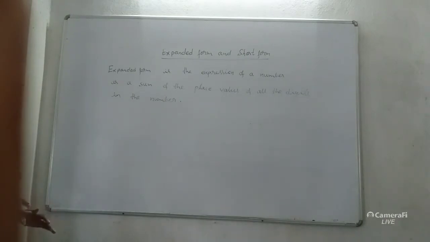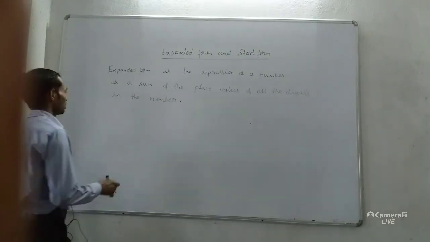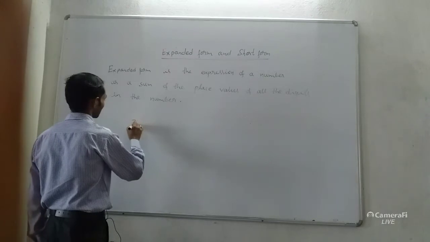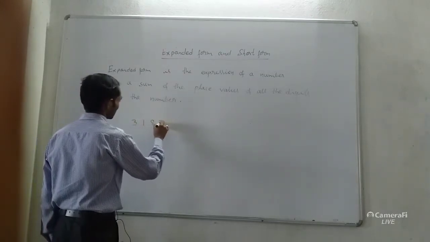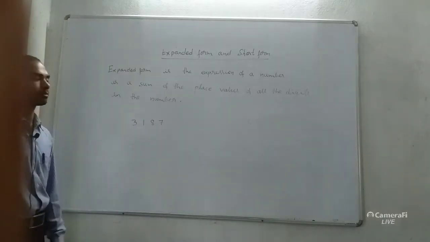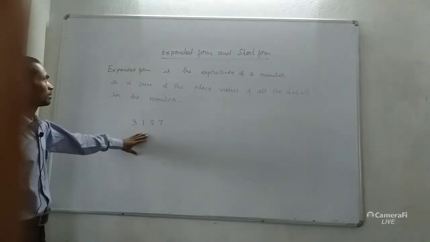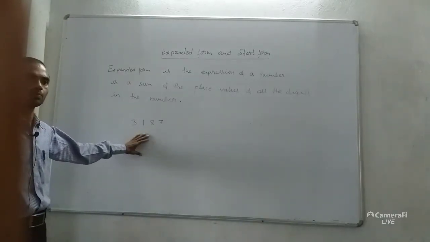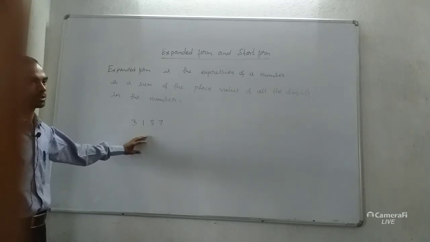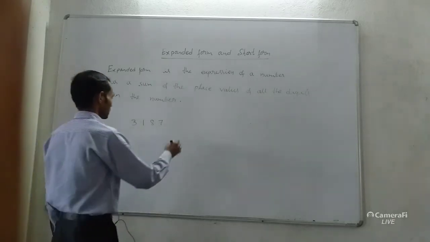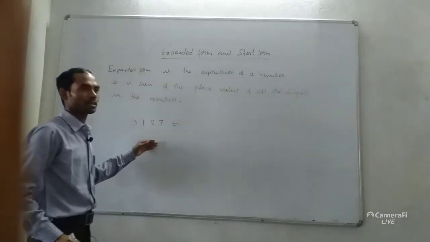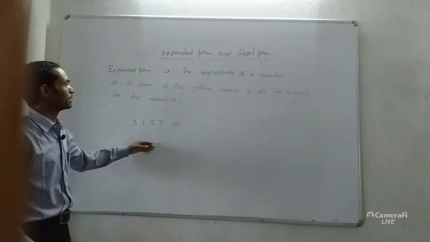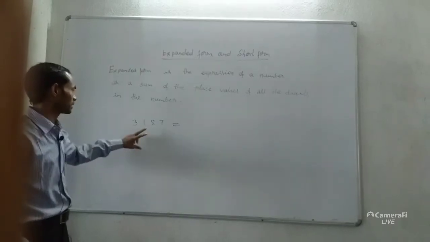Let us explain it. Suppose a number is given, a 4-digit number I have taken. We have to express the expanded form of this number. So we will express it as a sum of the place values of all the digits in the number.